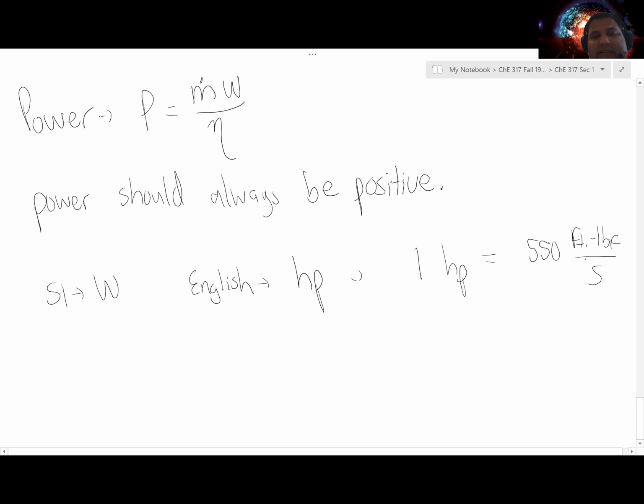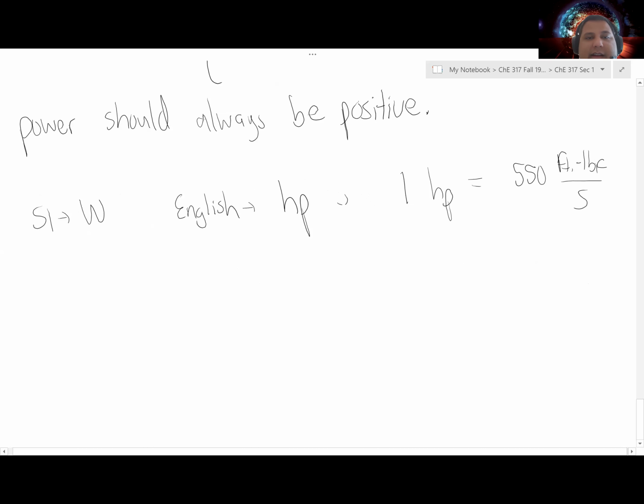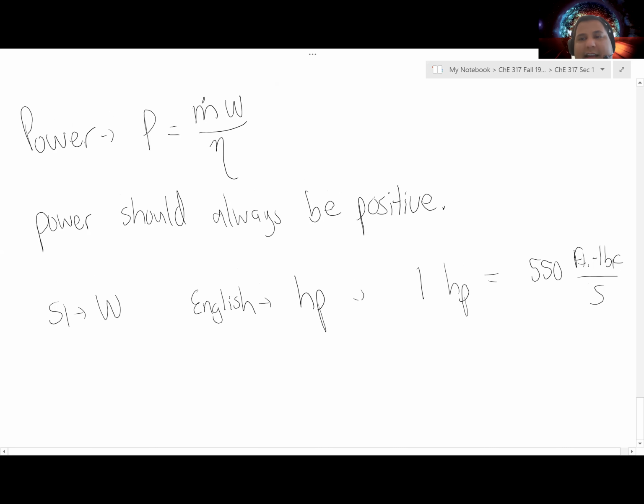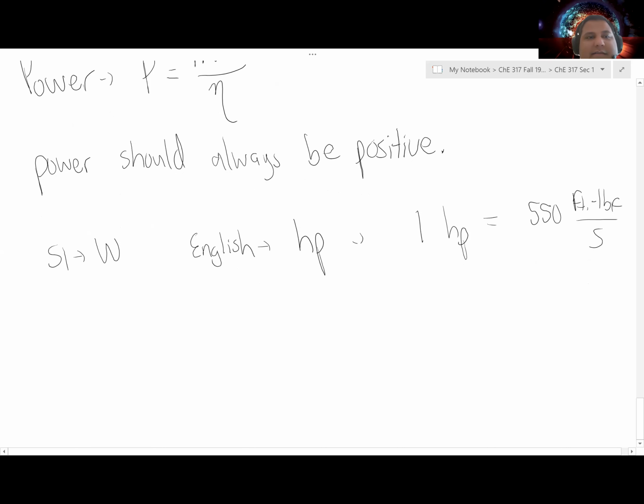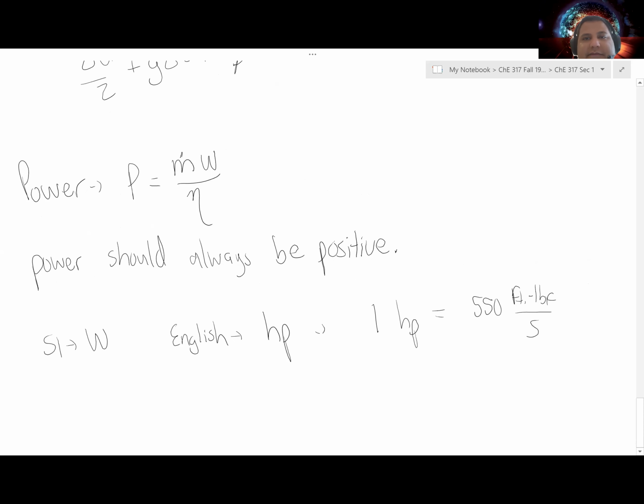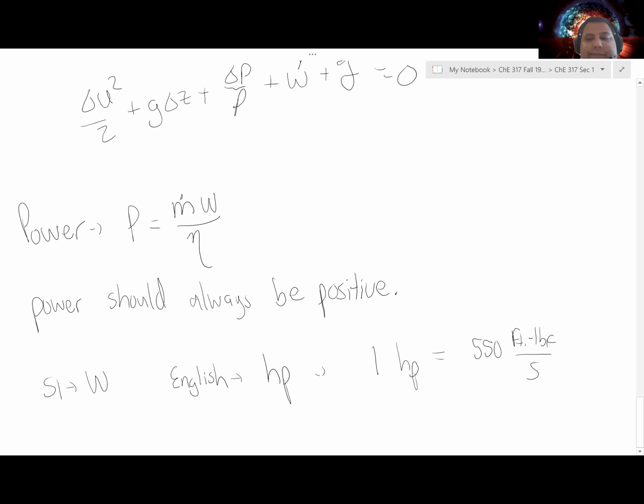So you have to be extremely careful when you do calculations associated with power in the English system. And yes, I'm going to make you give me power requirements in horsepower because for some pump manufacturers, that's all you get. You get 1/4 horsepower pump, 1/2 horsepower pump, 3/4 horsepower pump, 1 horsepower pump, depending on the sizes. So you're going to have to know how to identify power requirements for fluid systems in that regard.